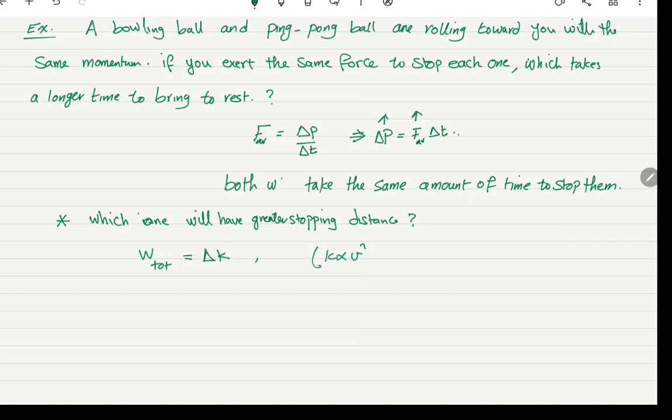So greater speed means greater kinetic energy. And remember, work equals F dot D. In this case, the force is the same and the kinetic energy, in other words the work, is more, which means the distance required to stop the less massive ball must be bigger.